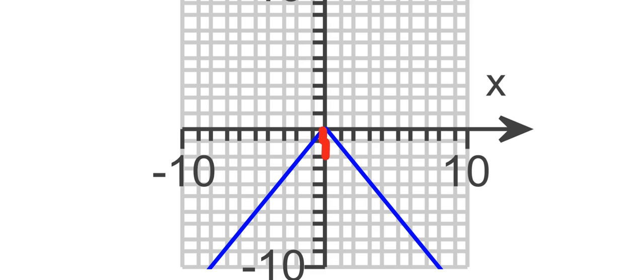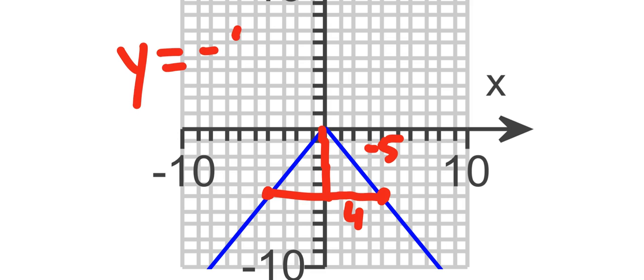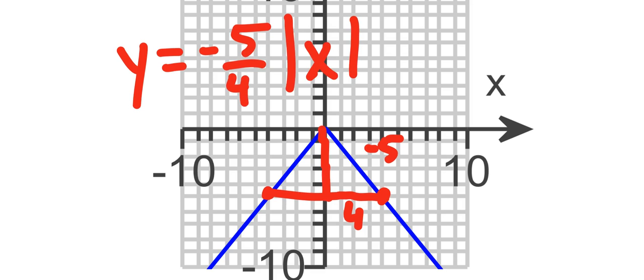Down 1, 2, 3, 4, 5. 1, 2, 3, 4. Hey, there it is. Right? Down 5/4. So this is the right one. Negative 5/4 times the absolute value of x.